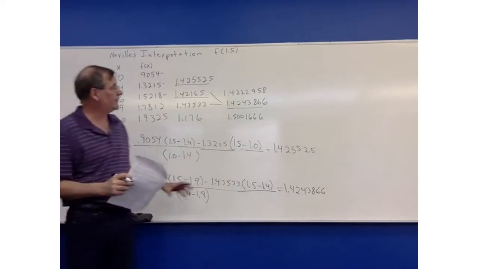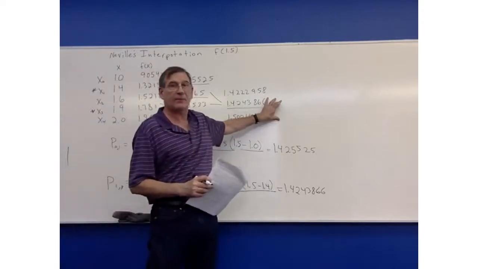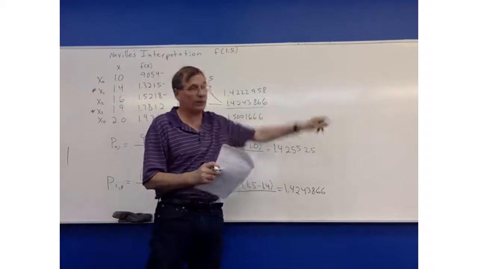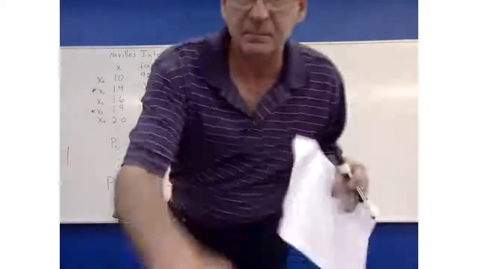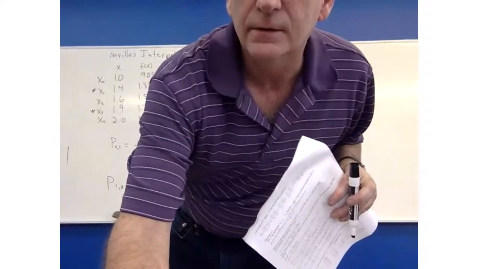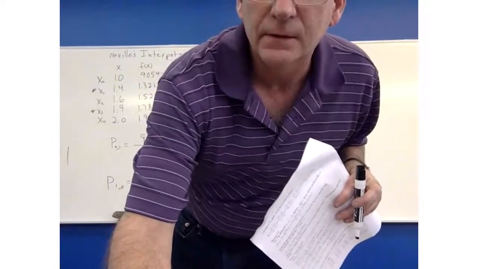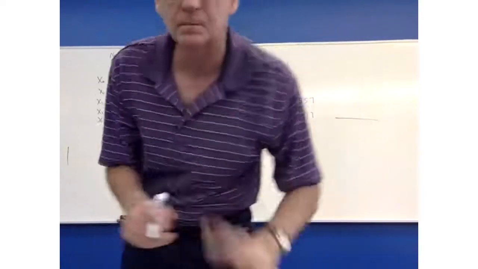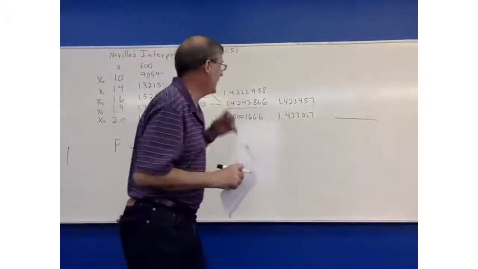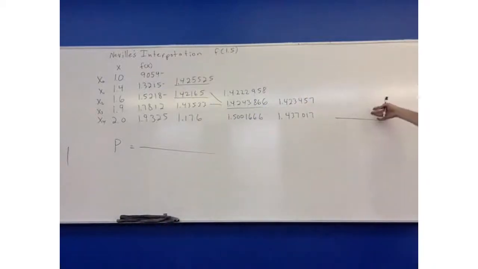What I'm going to do is fill these two numbers in. I'm going to pause, fill these two numbers in, and then we'll do the last number. Okay, we're back again, and now we're going to get this final number here.